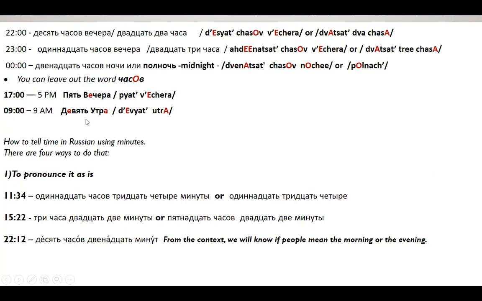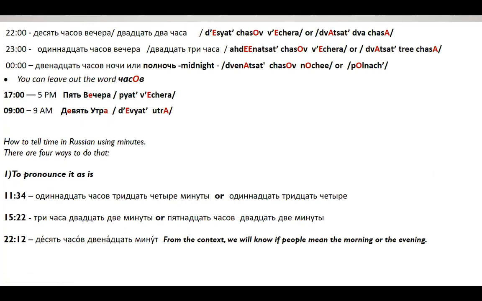Again, not using the word часов at all because it's understood from the context. So when you say 9 of the morning, it's implied it is 9 hours of the morning, 9 o'clock in the morning. So that was the part about telling time using complete hours.